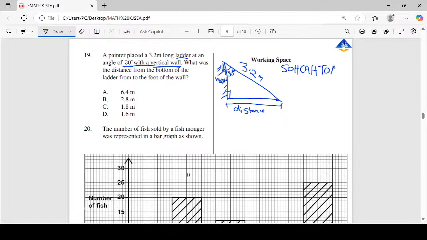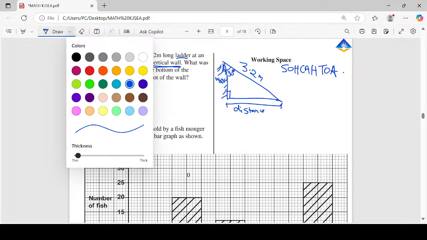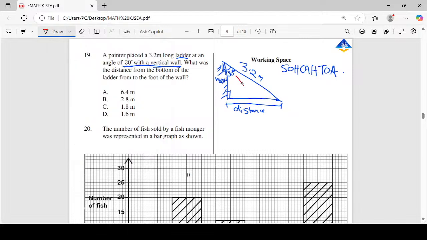SOHCAHTOA. When I apply SOHCAHTOA, if I want this distance, this side here, in relation to that angle, this side is the opposite. This one obviously is the hypotenuse. So if I have a hypotenuse and opposite, I'm talking about sine.